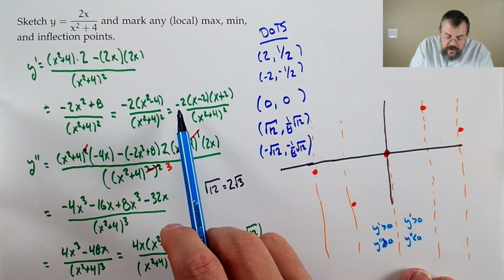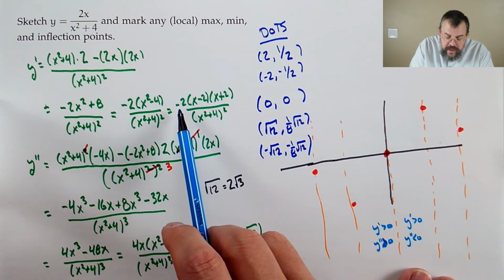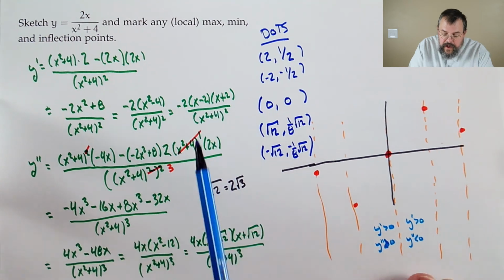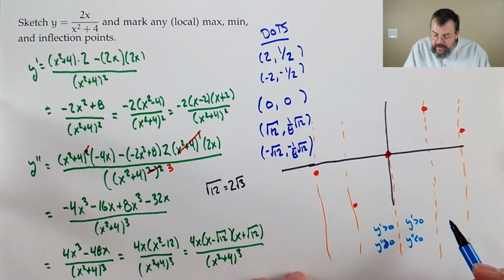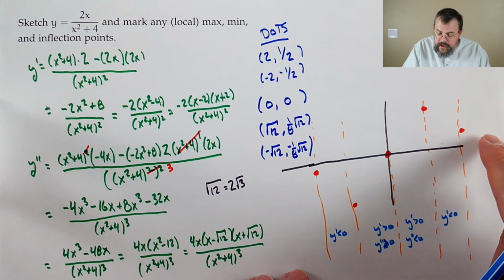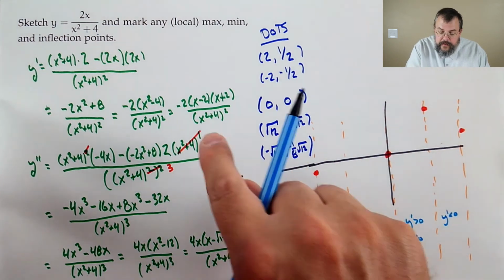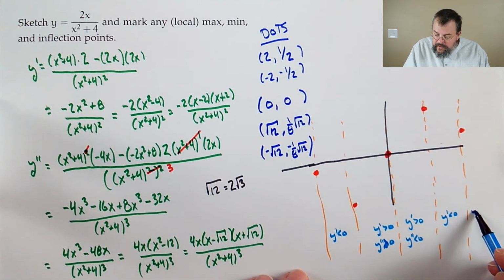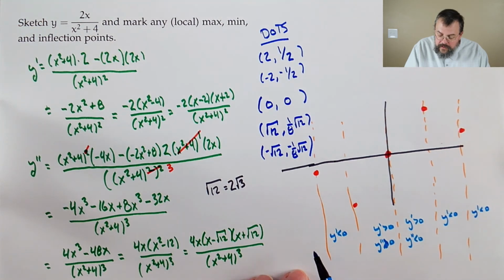We have a negative, then here positive and positive, which means that we're going to be decreasing. Y prime will be negative, which means we're also negative over here. If I plug in something really large, 100, same thing. So I'm negative, and therefore I'm also negative over here.